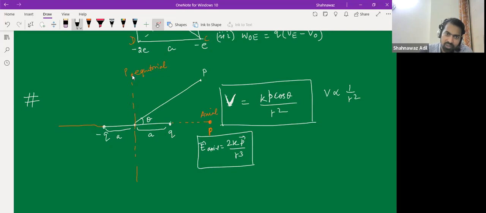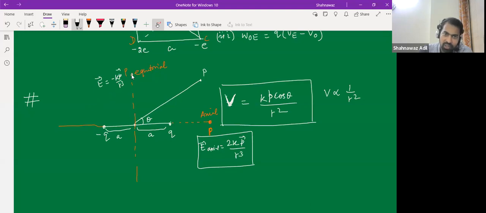And what was the electric field at the equatorial point? Minus kp by r cube.